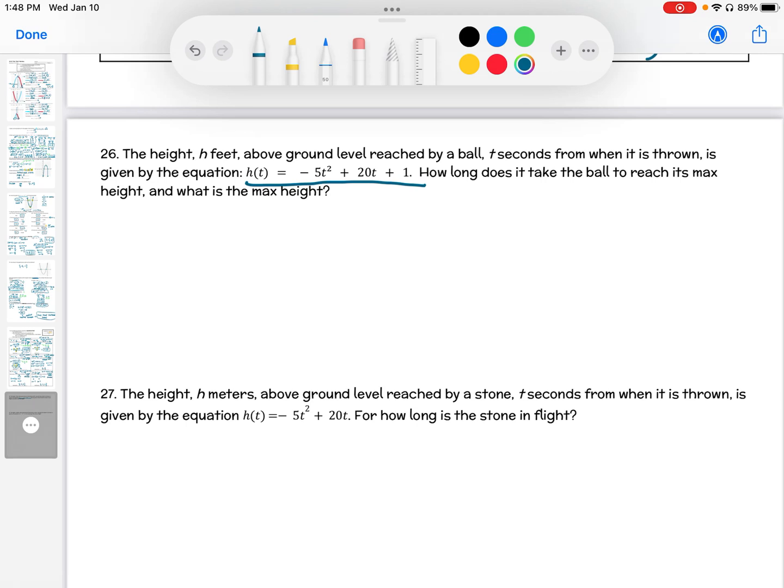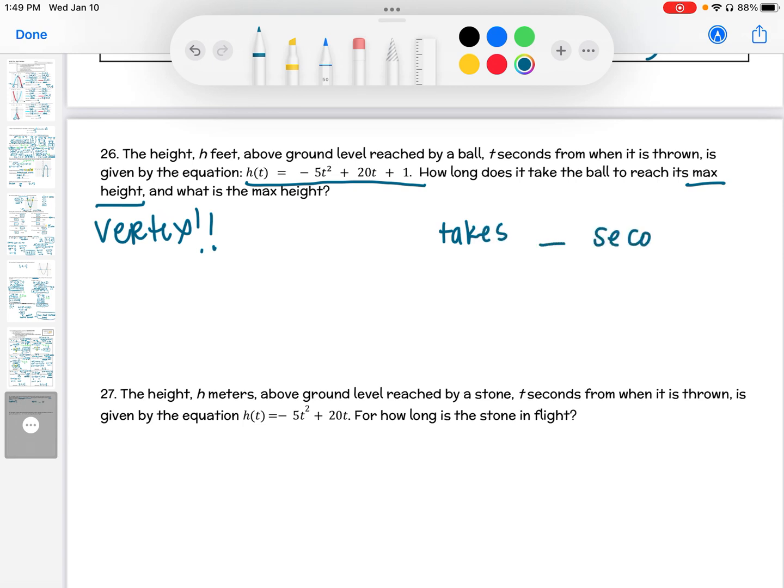Once you type that in, we should have a quadratic, an upside down quadratic. And it's asking us how long does it take the ball to reach its max height? Maximum will always mean look at the vertex. Okay, so let's look at the vertex and decide how to answer these two questions.